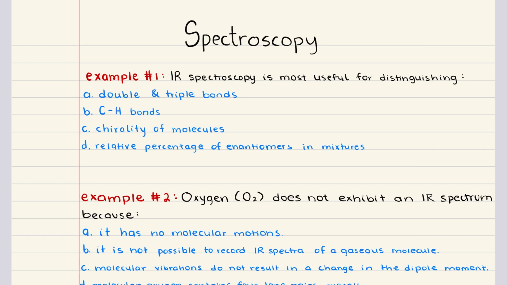A says double and triple bonds. This is in fact the correct answer. IR spectroscopy is very good at distinguishing between different types of bond orders.